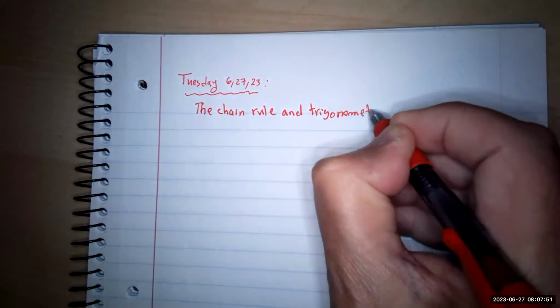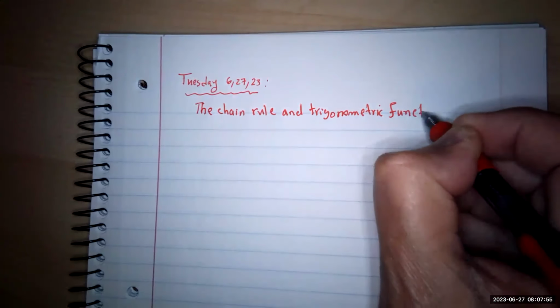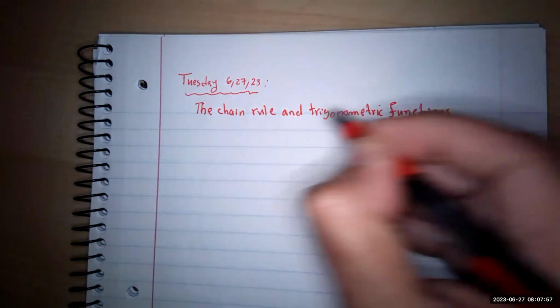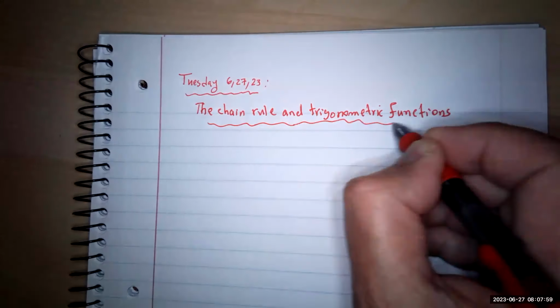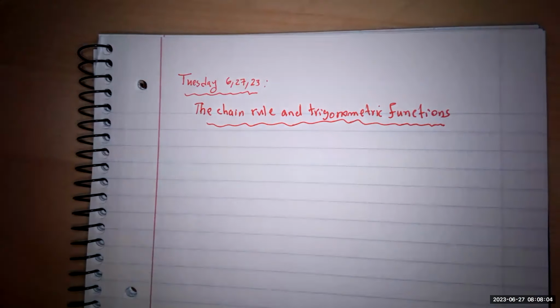How can you use it? We're going to focus on the derivatives of these functions. Okay, are you ready? Let's recall what you know about the derivatives of the trigonometric functions and how we're going to relate them to the chain rule.